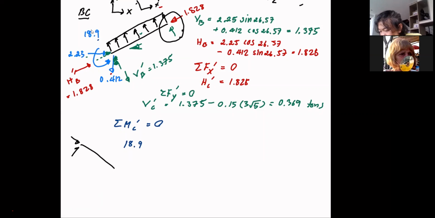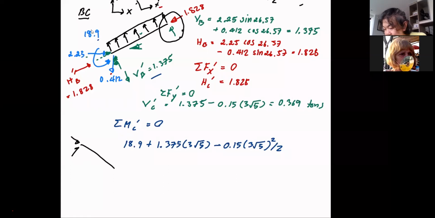Okay, plus the moment from that shear 1.375 multiplied by the length of the member, which is 3 square root 5, minus moment due to this uniform load, which is 0.15 multiplied by 3 square root 5 square over 2. Okay, that is your MC. And this is equal to 24.75 ton meter. Okay, so that's the moment.